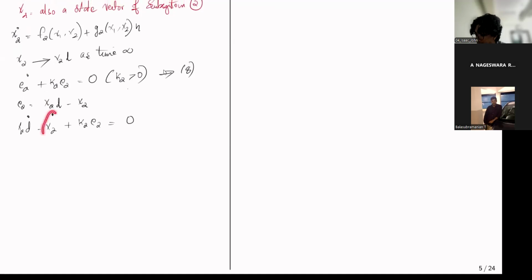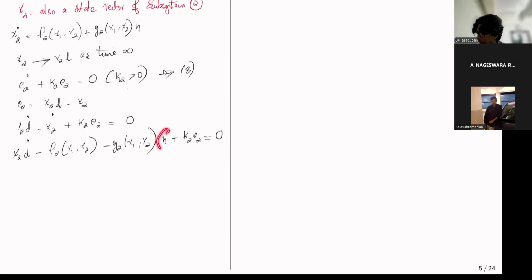And we also know what this x2 dot is. From the second subsystem, x2 dot is f2 of x1, x2 plus g2 of x1, x2 multiplied by u. So x2 desired dot minus f2 of x1 comma x2 minus g2 of x1 comma x2 multiplied by u plus K2 E2 equals 0.